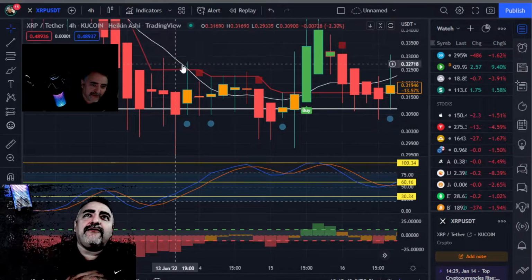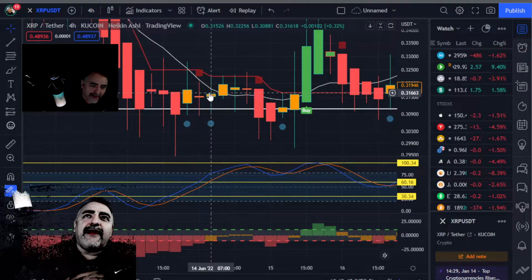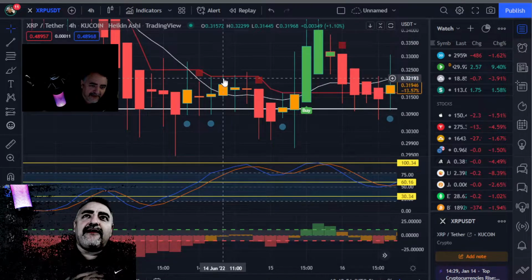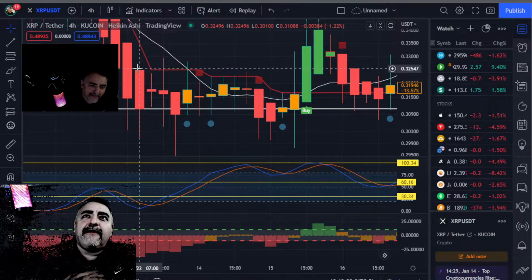So here's your moving average, right? Once you see your candle breaking above this 10 moving average, what you would do is go to the biggest candle over here, the top candle, the full body, and go to the first candle top right here, and that would be your stop loss.